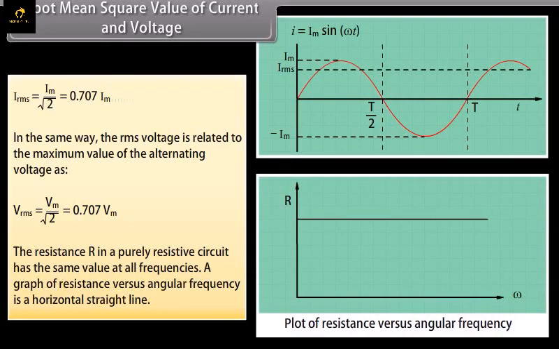The resistance R in a purely resistive circuit has the same value at all frequency. A graph of resistance versus angular frequency is a horizontal straight line.